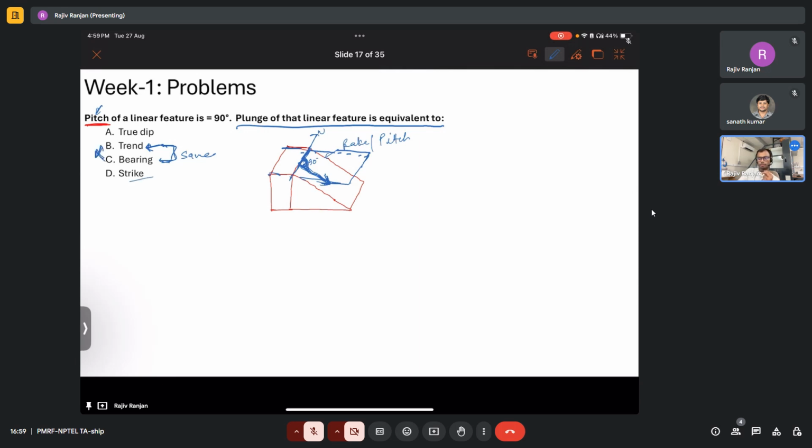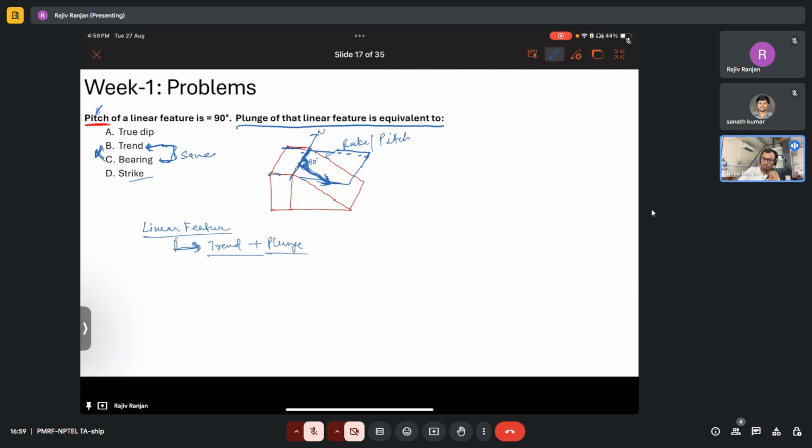Let's look at strike. So in a linear feature, what do you measure? Trend plus what? Plunge, right? So these two things we measure for a linear feature.